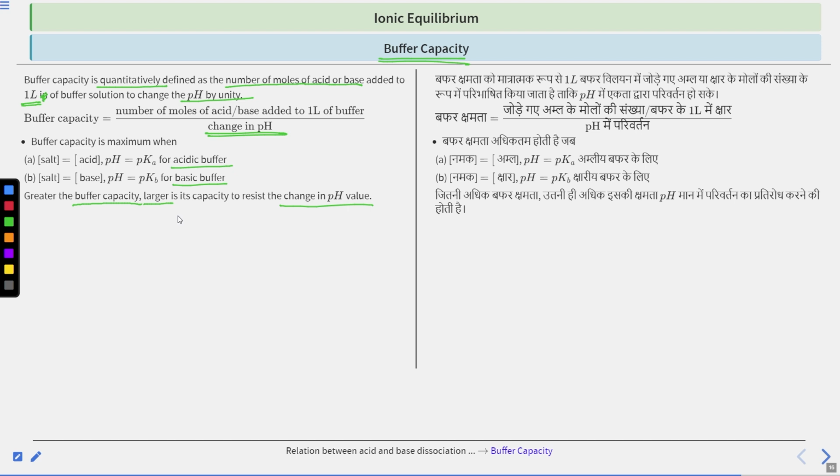So greater the buffer capacity, larger is its ability to resist the change in the pH value of the buffer solution. And in quantitative terms, buffer capacity is equal to the number of moles of acid or base added to 1 liter of buffer divided by the change in the pH. Okay, this is the formula.